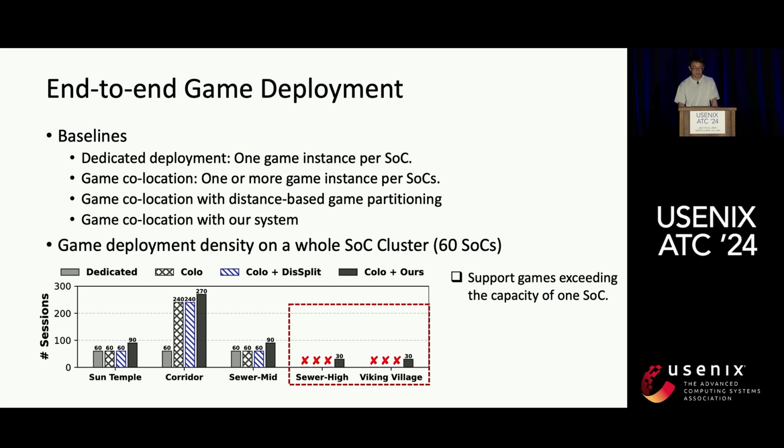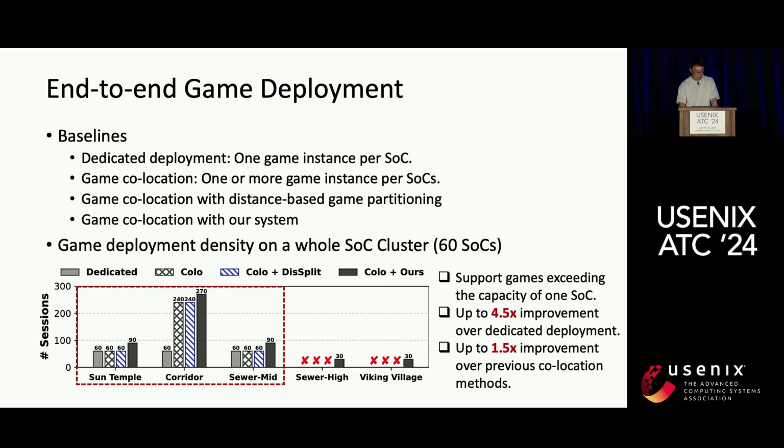So the 16 SoCs could support up to 13 games. For the 3 games, our system could deliver up to 4.5 times improvement over the dedicated deployment in terms of the number of game sessions, and up to 1.5 times improvement over the previous collocation methods.